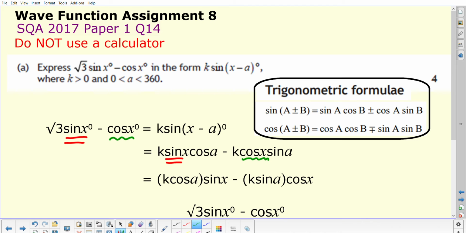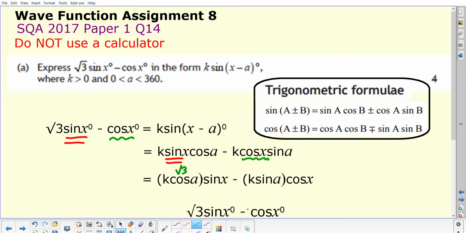Now we want to match that up with what's on the left hand side, so what would you need to have inside your bracket here? What that would tell you is that you would need a root 3 here to replace the k cos a, so that it reads as root 3 sine x.